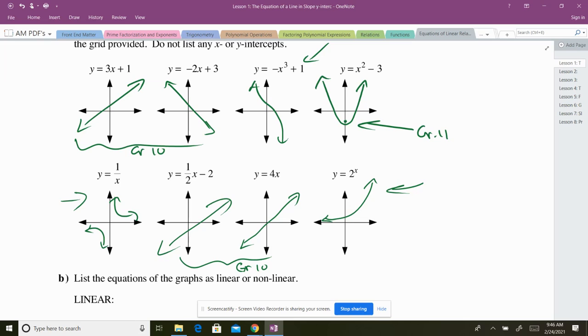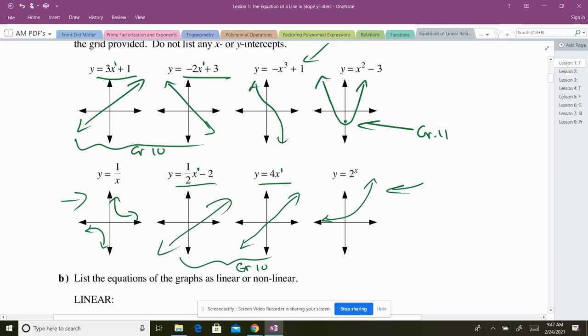So what do you notice about all the linear lines compared to every other line on there? If you look at the equation, they do have an exponent, but what is it? They all have exponents of 1.